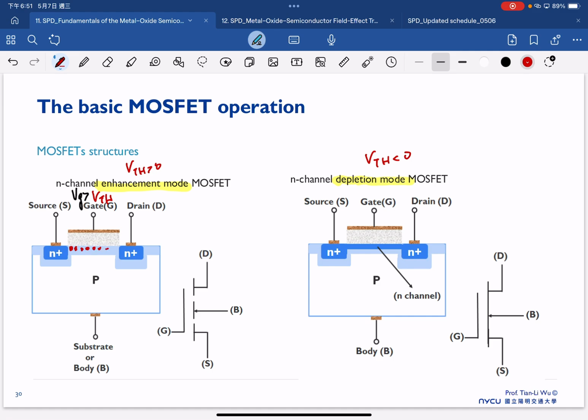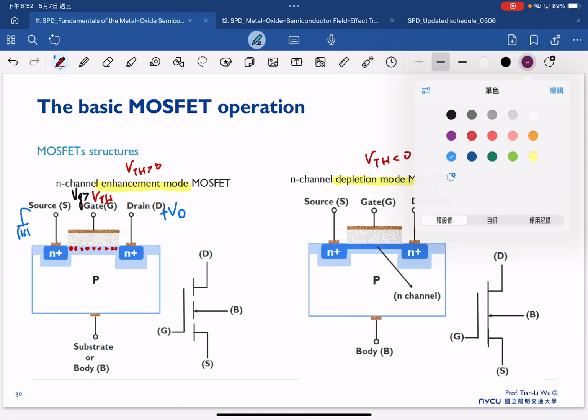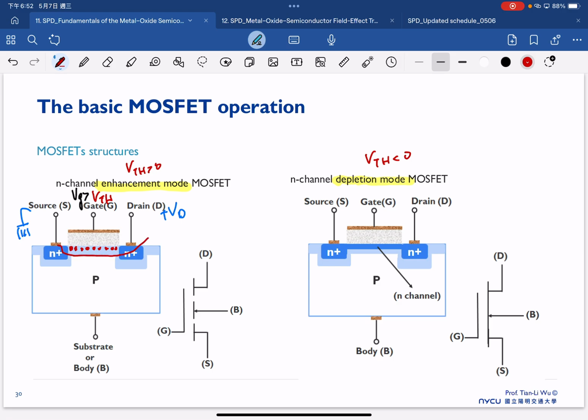in the channel. At the same time, because the MOSFET is a 3-terminal device, we will bias the source as ground, but we will also bias the VD here. With the positive VD, we have a negative electron. So now we can foresee the electrons will try to flow from left to right.